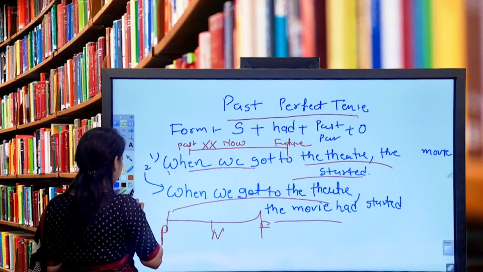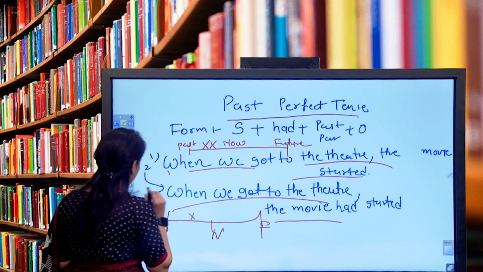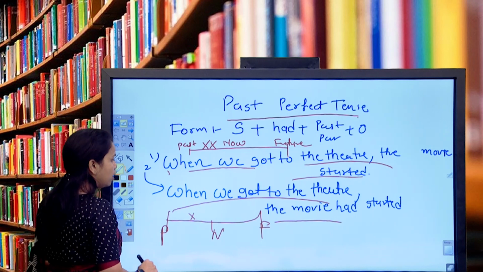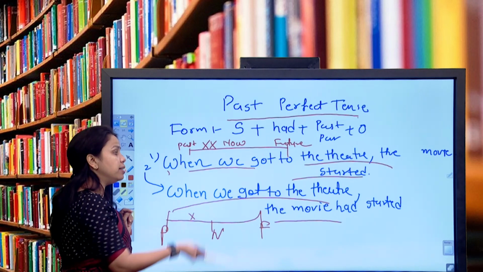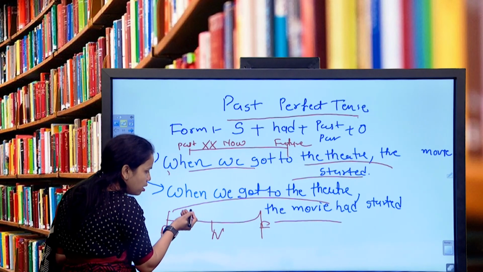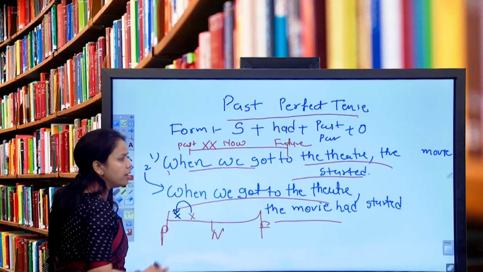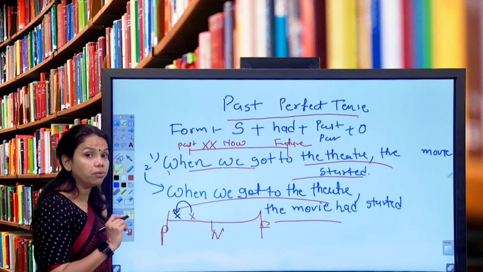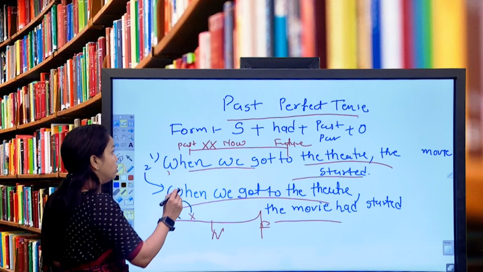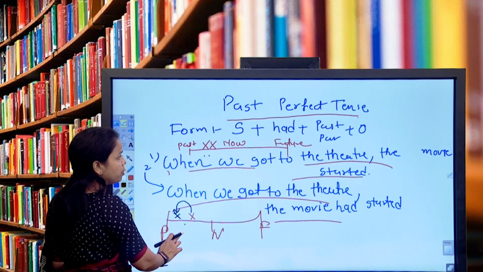But what is the main difference between these? When we got to the theatre, the movie had already started, right? So this is the main difference between these two parts.